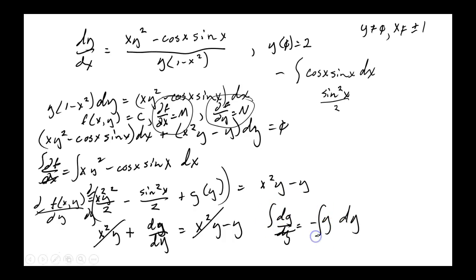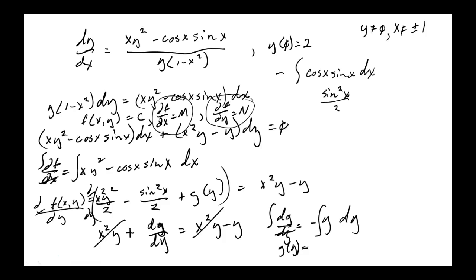Integrate, and g of y is equal to what? Minus y squared over 2. Right? That's your g of y. Let's plug. Okay, got it? Okay, let's plug it back in here.